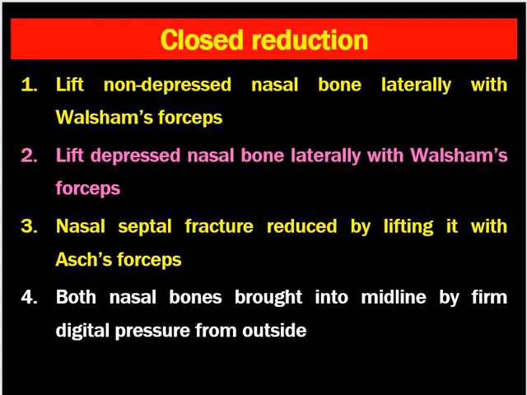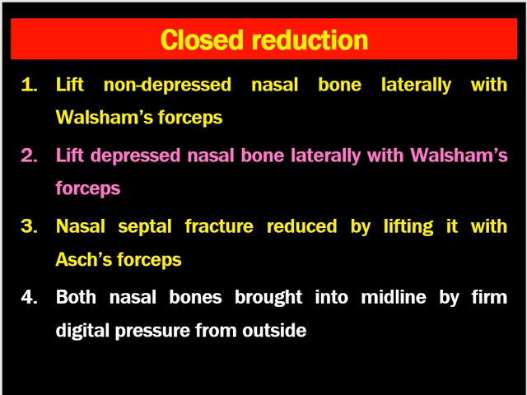Coming to closed reduction, first you should lift the non-depressed nasal bone laterally with Walsham's forceps. Then you have to lift the depressed nasal bone laterally with Walsham's forceps. The point here is, first we have to lift the non-depressed nasal bone because that will be more impacted, so that has to be disimpacted, hence the so-called Walsham's disimpaction forceps. Then the nasal septal fracture is reduced by lifting it with the Asch forceps.